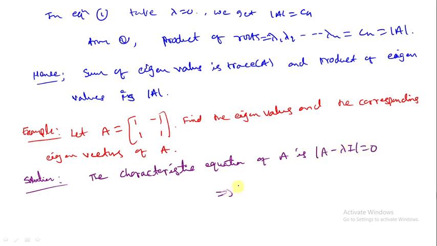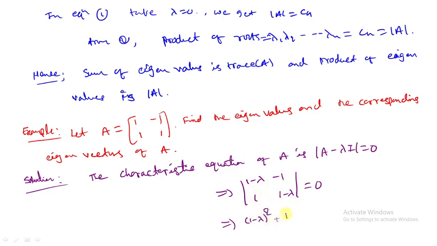That implies the determinant of [1 minus lambda, minus 1; 1, 1 minus lambda] equals 0. Taking this 2 by 2 determinant: (1 minus lambda) squared plus 1 equals 0, which gives lambda square minus 2 lambda plus 2 equal to 0. Now find the roots.